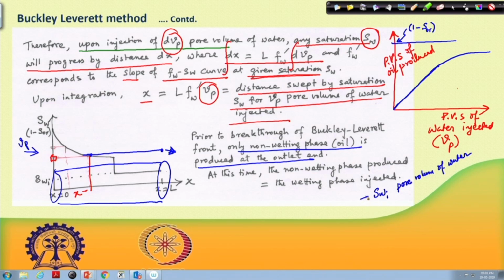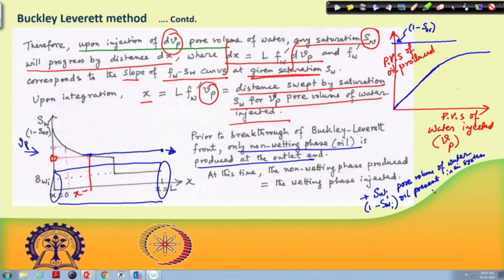The remaining, 1 minus SWI, was the oil present in the system, and SWI amount of water was present in the system.